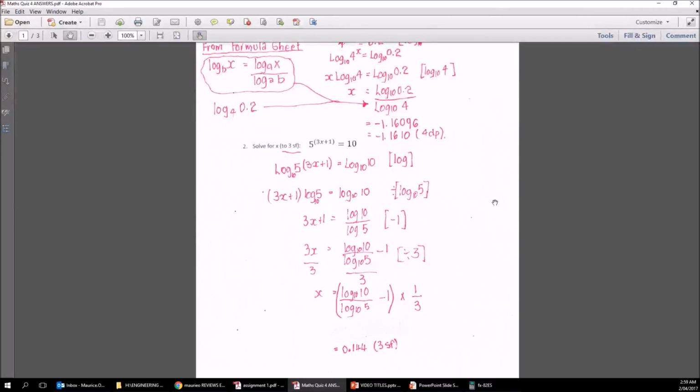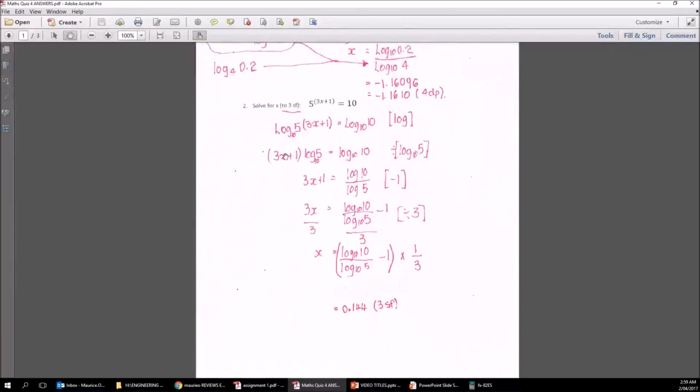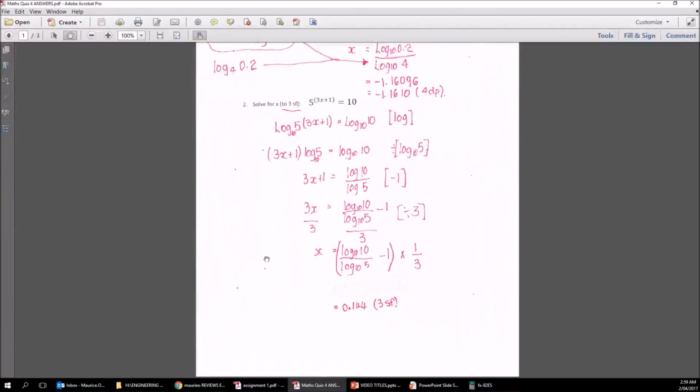Now this next one, solve for x to, and note that it's to 3 significant places. Just note that each one's showing that. So 3 decimal places. 5 to the 3x plus 1 equals 10. So let's take the log of both sides. That's how we devolve backwards from the power.